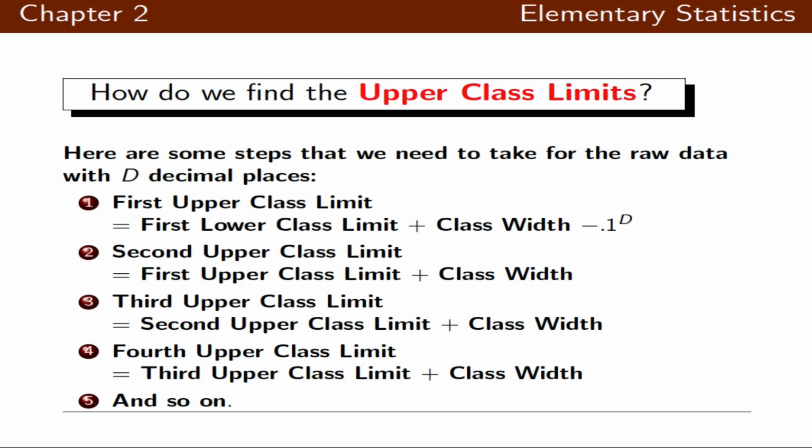In our example, there were no decimal places, so d in that case would be 0. We'll talk about that in more detail in just a minute. And then the second upper class limit would be the first upper class limit plus the class width. And then we add it again to get to the third one. Then we add the class width again to get to the fourth one, and so on.